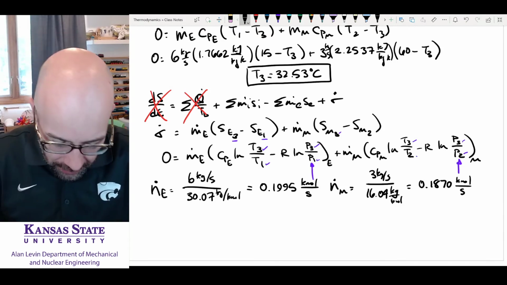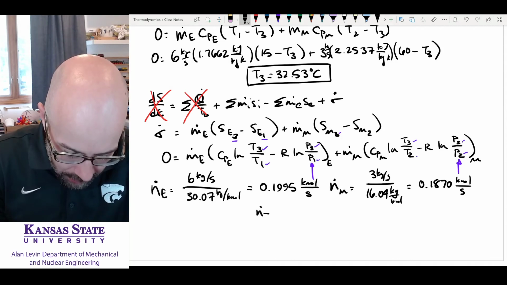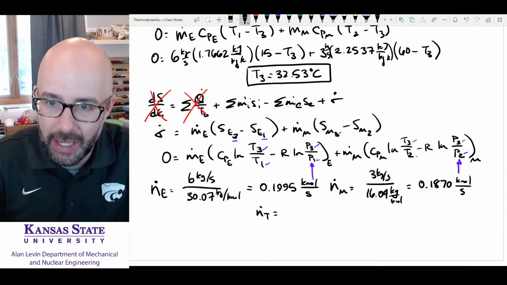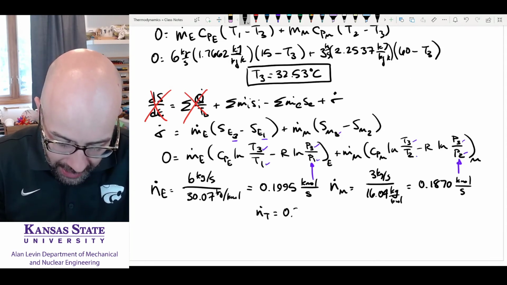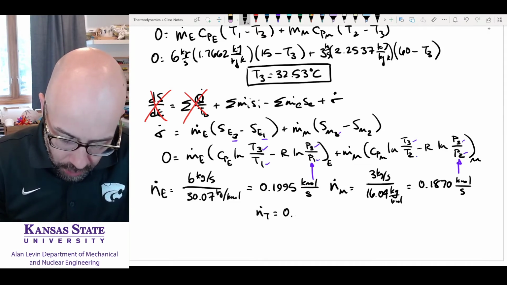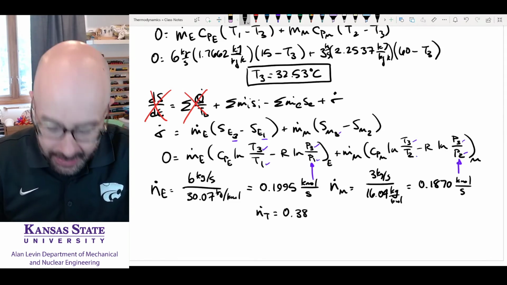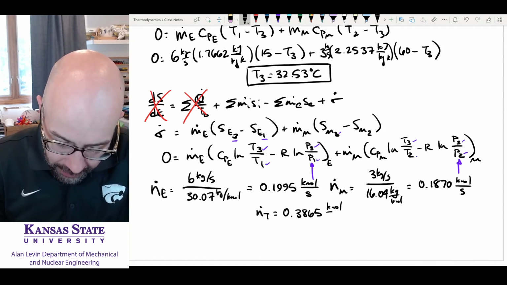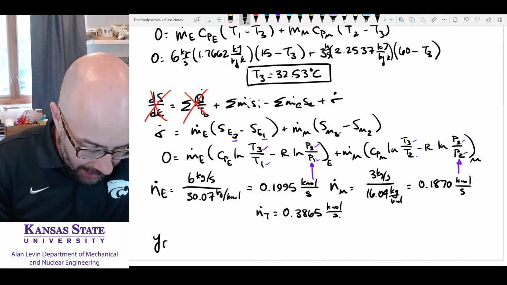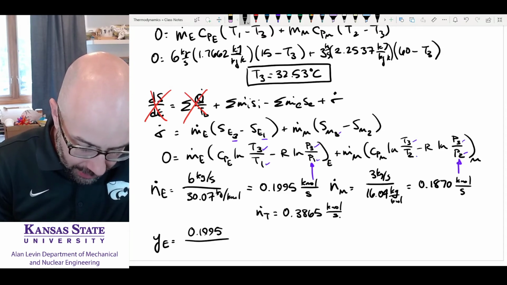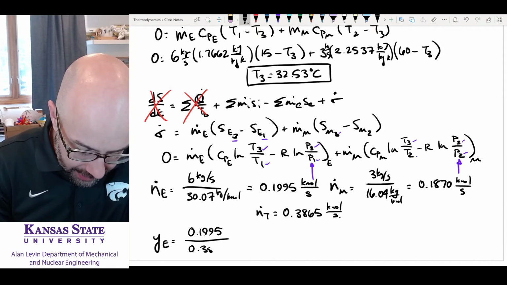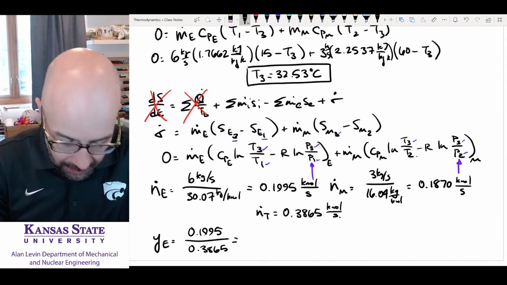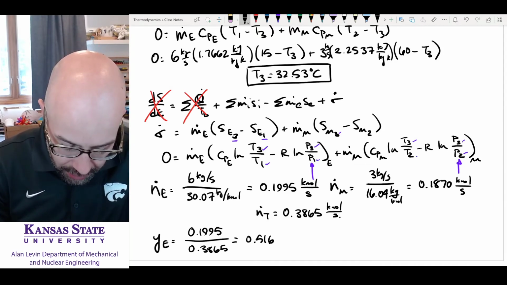Okay, so I want to figure out what the total amount of moles flowing is going to be. I have to add these two things together, and I get 0.3865 kilomoles per second. Now, to find the mole fraction of my ethane, I take 0.1995 over 0.3865, and that gives me 0.5162.